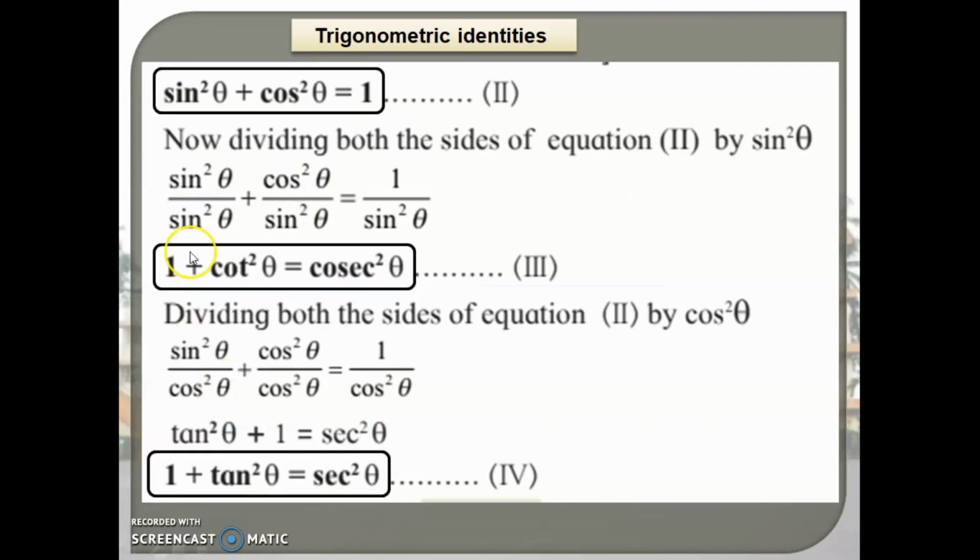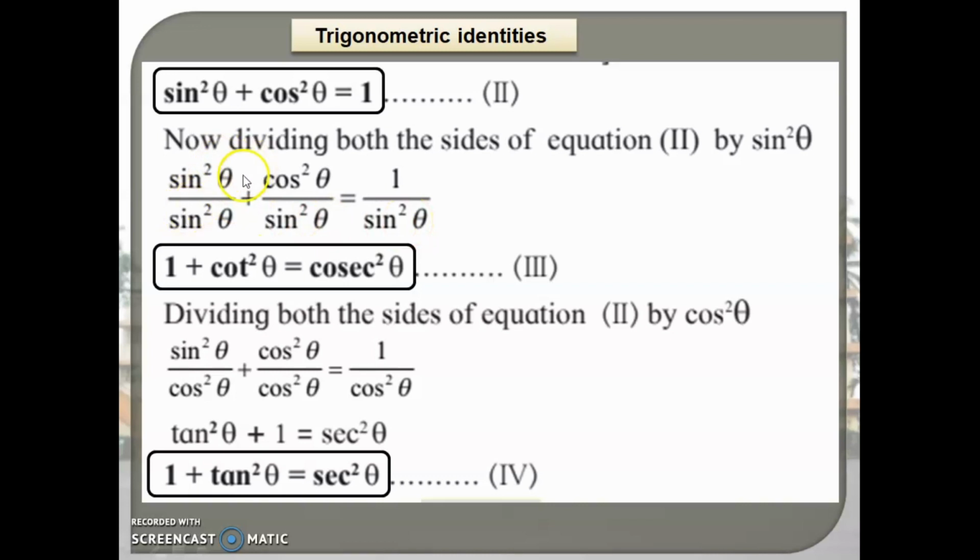Now same way, using this first trigonometric identity, that is sine square theta plus cos square theta is equal to 1, we can find the remaining trigonometric identities. If we divide the first identity by sine square theta, then by dividing both the sides by sine square theta, we get sine square theta upon sine square theta plus cos square theta upon sine square theta is equal to 1 upon sine square theta.